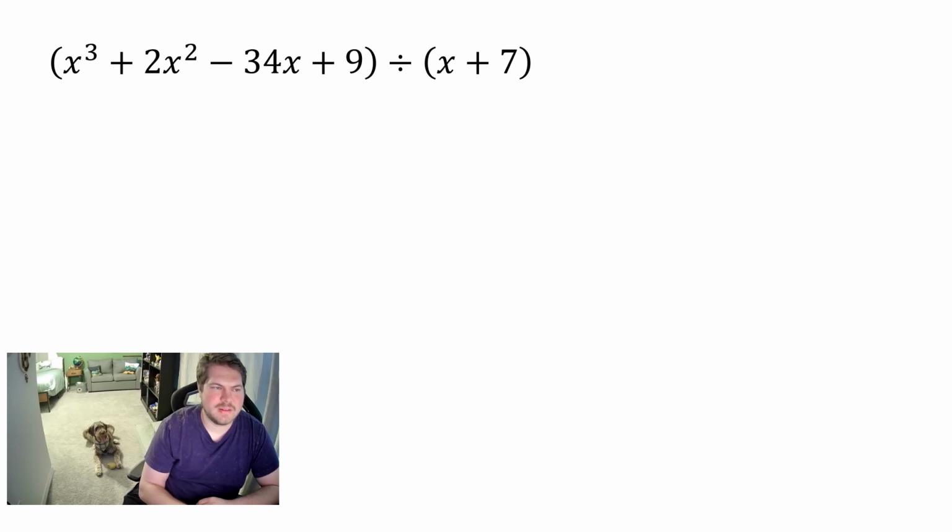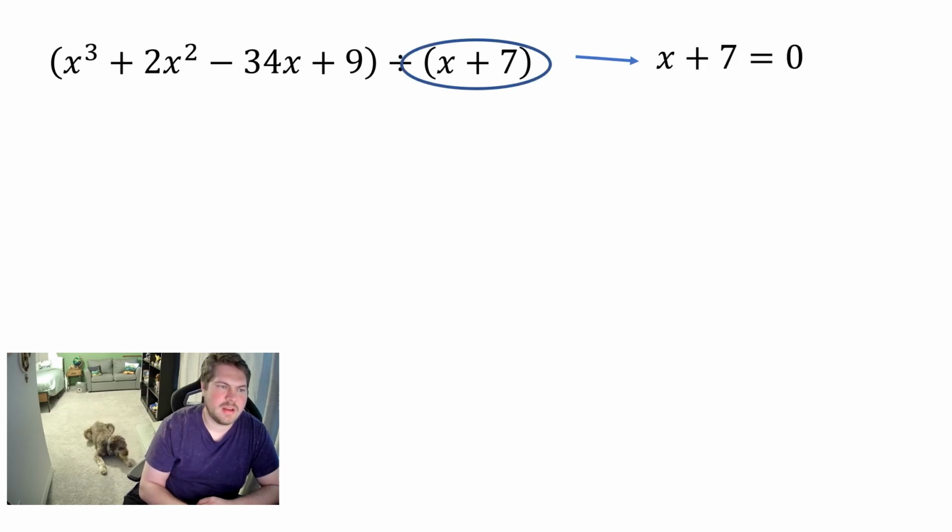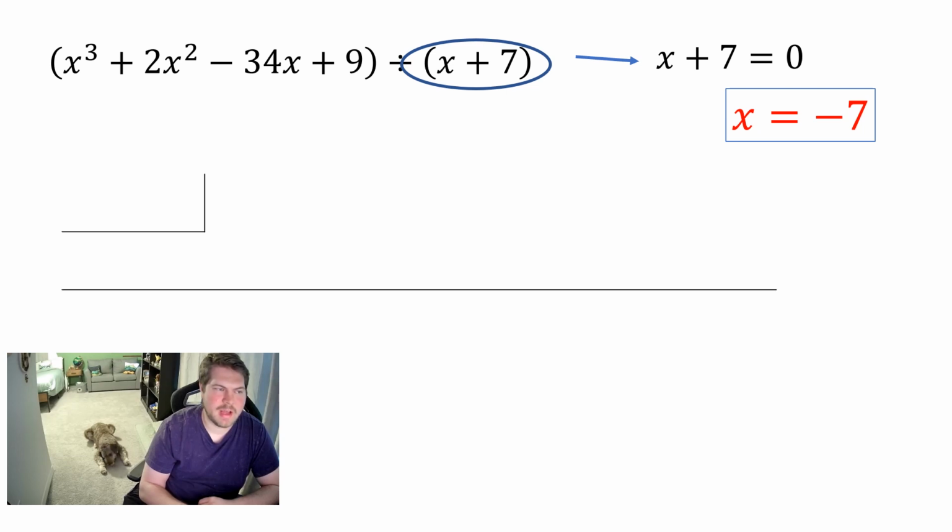All right. So again, we have x plus 7, and we just want to think, what makes that 0? And it's going to be negative 7. So we're going to put that in like a little box. And then we're going to bring down all our coefficients. So we have 1, we have 2, negative 34, and 9. And always bring the first one down.